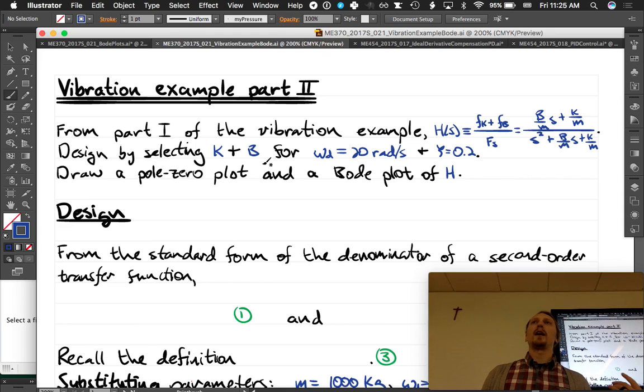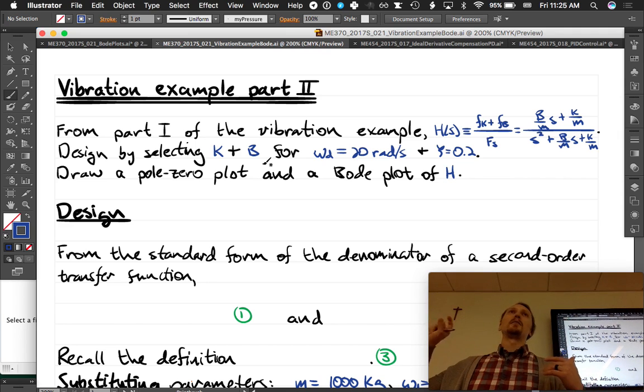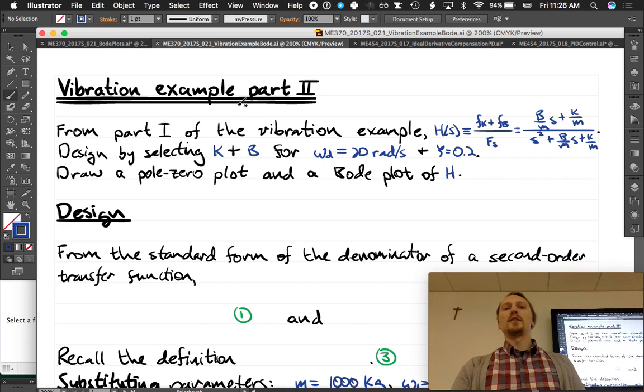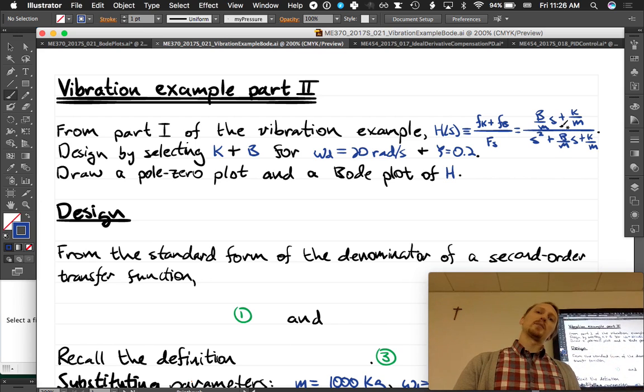So we have a motor mount, and we're trying to design the spring constant K and the damping ratio B of that motor mount such that it behaves in a certain way, okay? That's a real engineering problem you might have to do, and so we're going to design for that. We have the transfer function from part 1, right? This was the amount of force that gets transmitted through the mount to the chassis. And we got this expression.